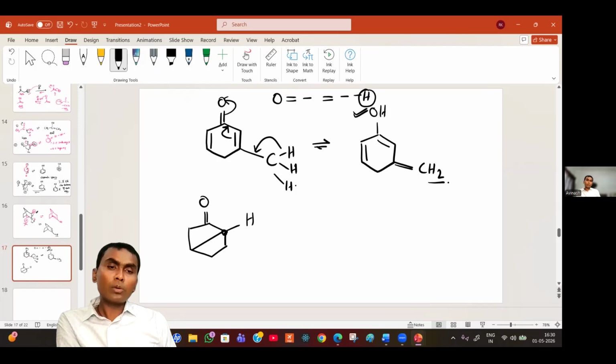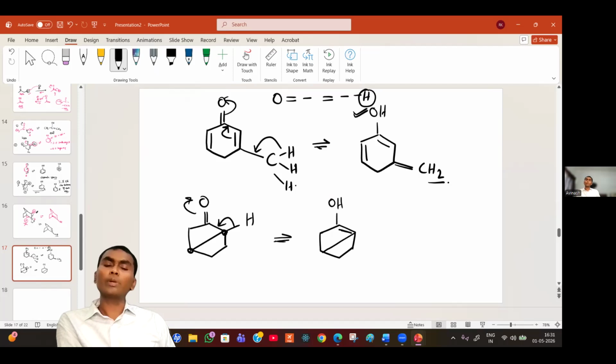This hydrogen is also called tautomerizable hydrogen because this has a bridgehead without carbon. So this will go like this, and this will go this one. Wait. This one is keto in our tautomerization.